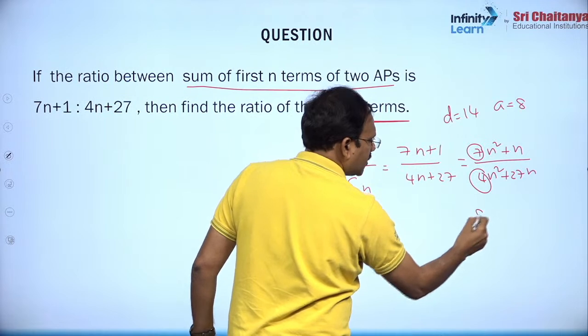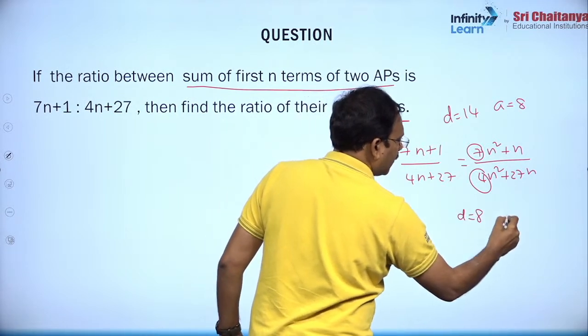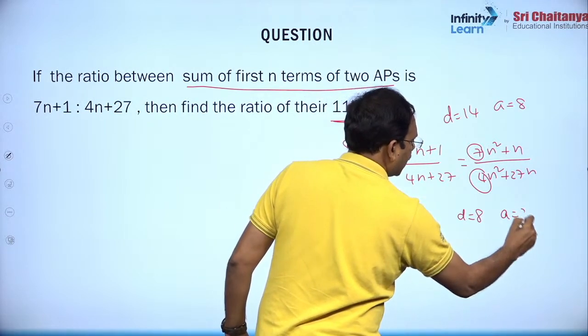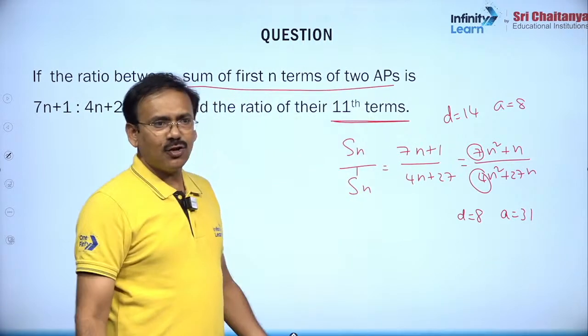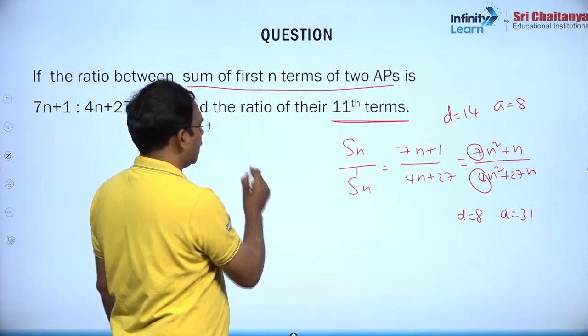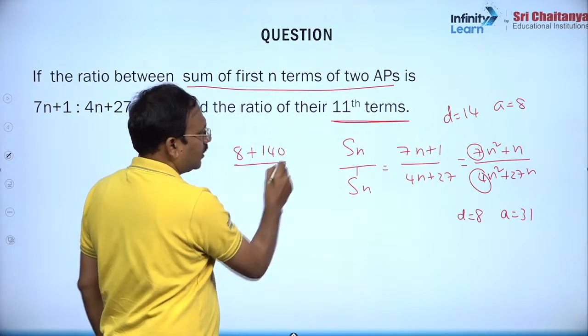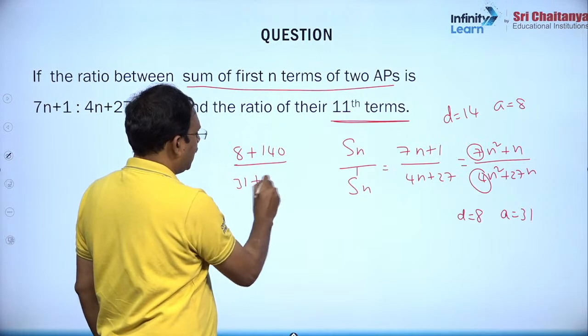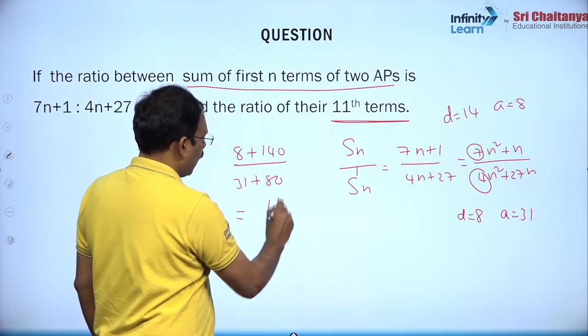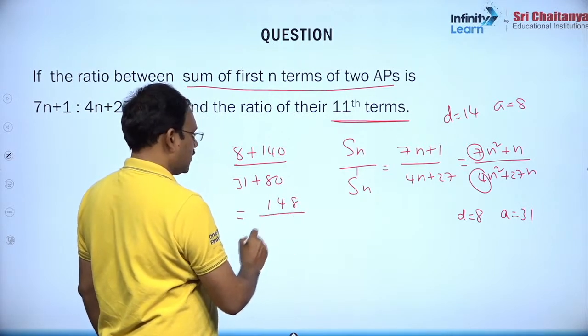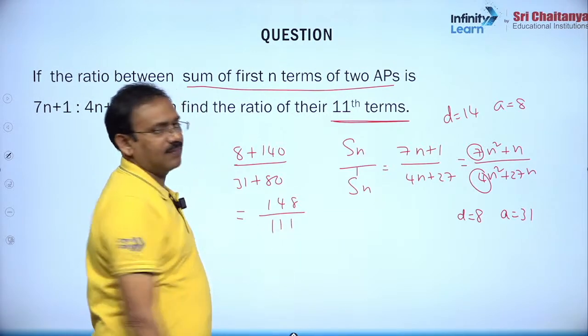Here the common difference is going to be 8, and the first term is going to be 31. So the 11th term in both: 11th term means A plus 10D, which is 8 plus 140, and here 31 plus 10D is 31 plus 80, my dear friends. So 148 by 111. That's all.